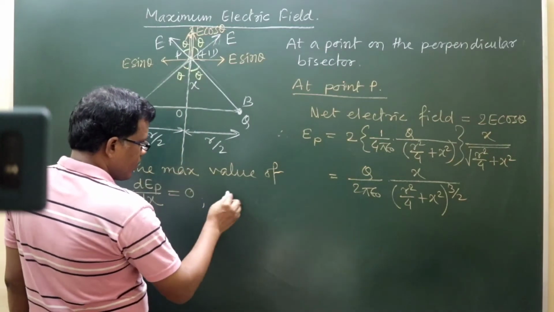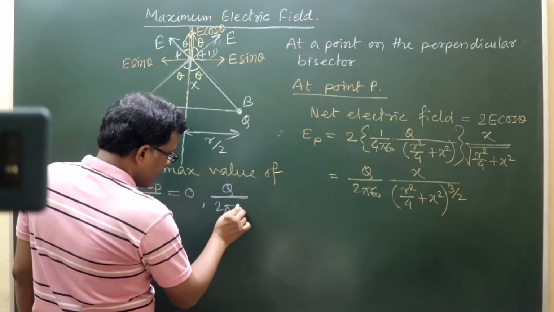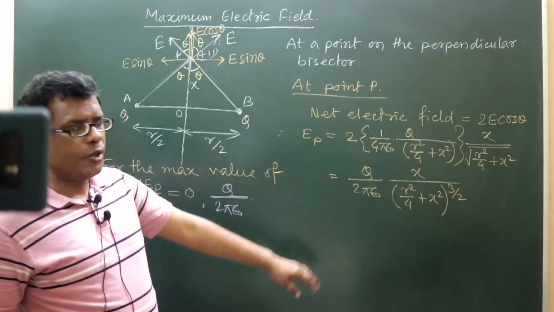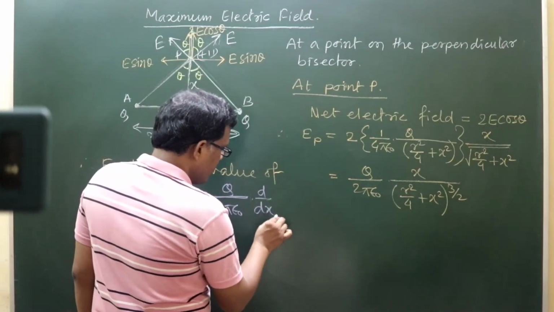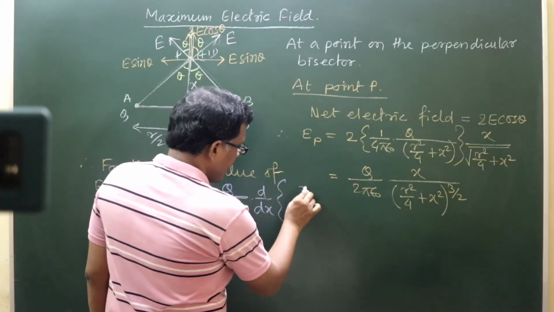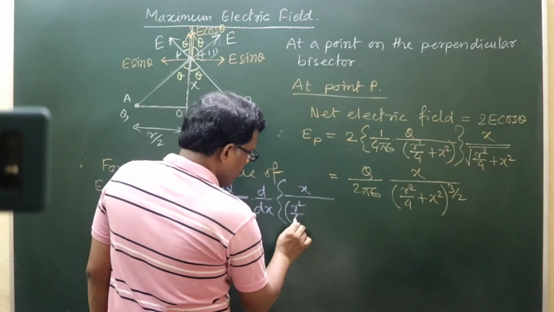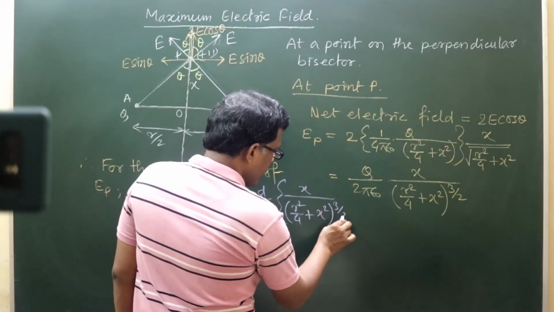So the constant term will be kept as it is, q by 2 pi epsilon naught, and this differentiation will be done based on u by v. So it will be d/dx of this expression, x divided by (r square by 4 plus x square) to the power 3 by 2.